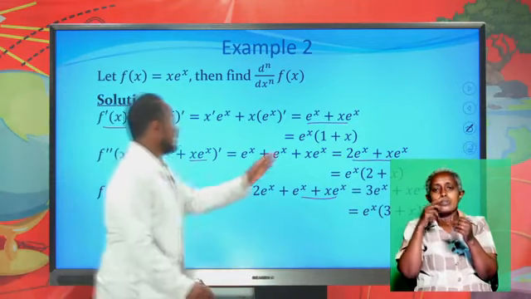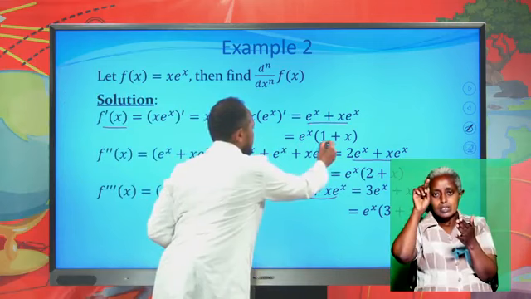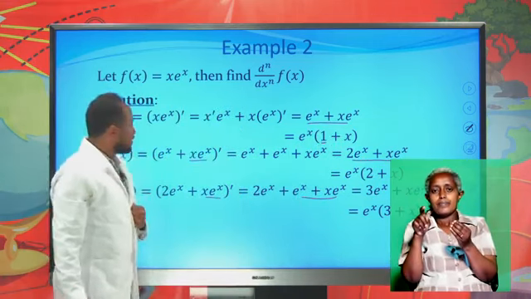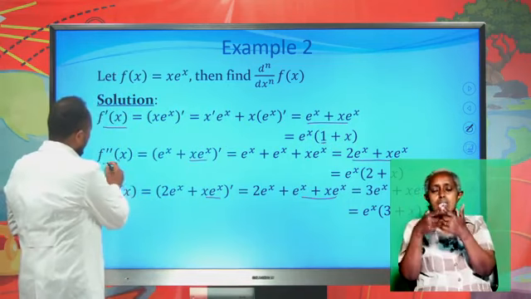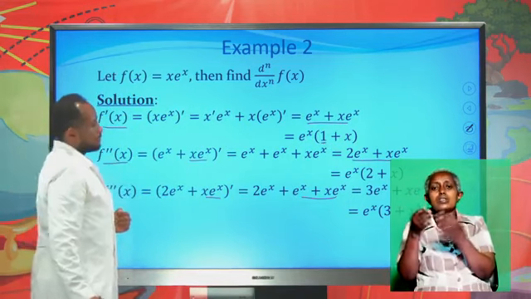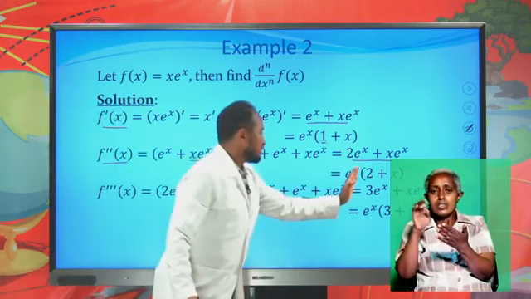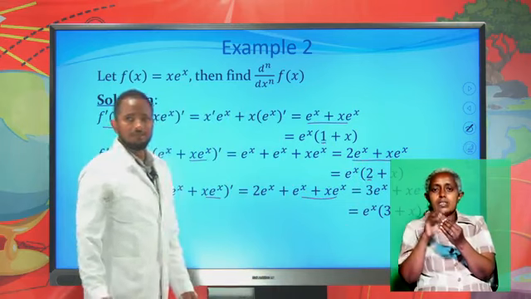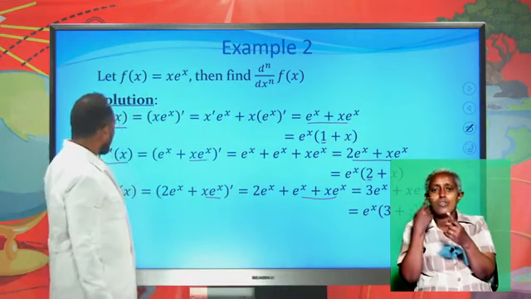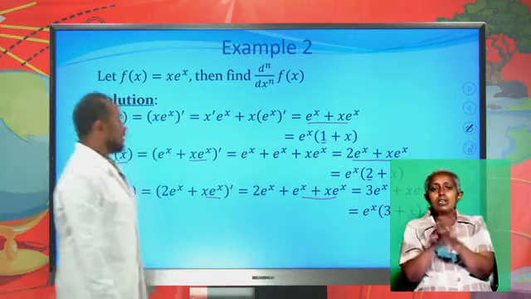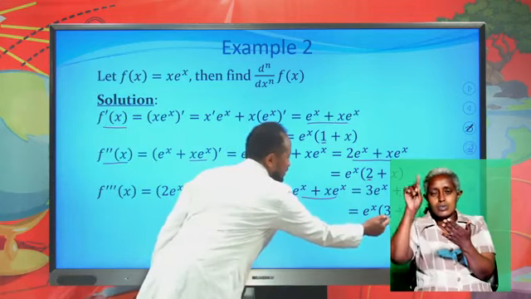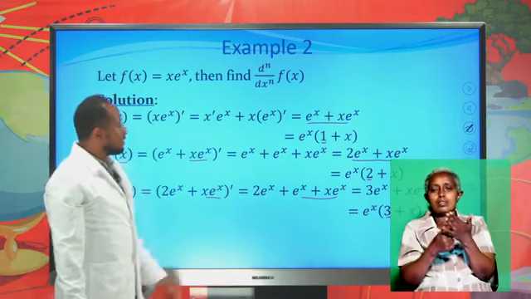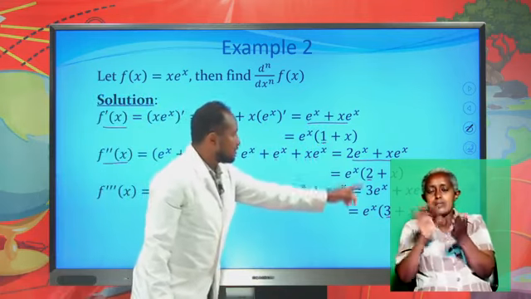So when you see the pattern, for the first derivative you will have e raised to x into 1 plus x. For the second derivative of this expression, you will have e raised to x times 2 plus x. For the third derivative of this function, you have e raised to x into 3 plus x. As you can see, all are the same except the numbers 1, 2, 3.